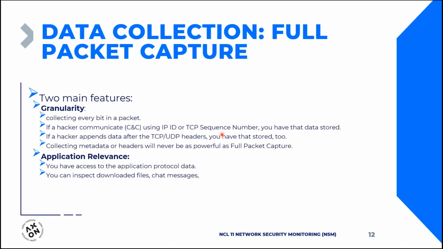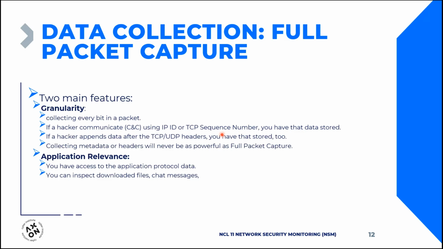If you are not capturing the full packet, and there is no signature for this particular tool that he's using, then you're going to miss that attack. Not only that, if you discover it in the future, for example, 1 month from now you discover that there was an attack, you cannot really scope the attack because you don't have the packets.